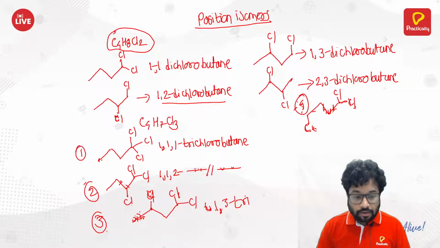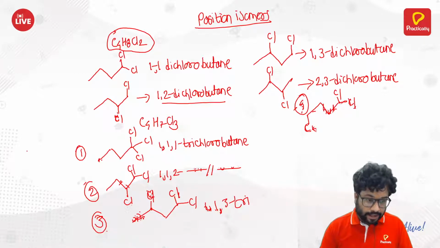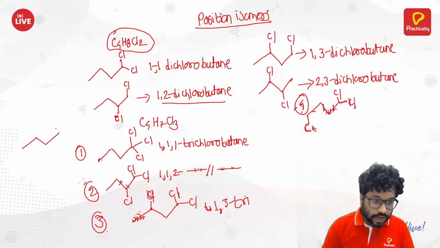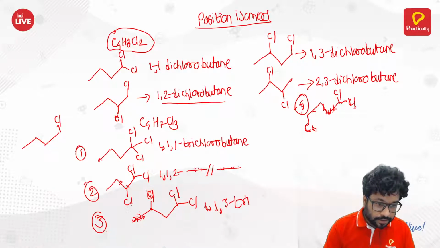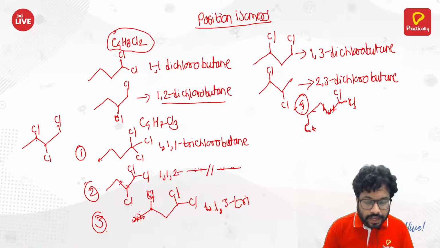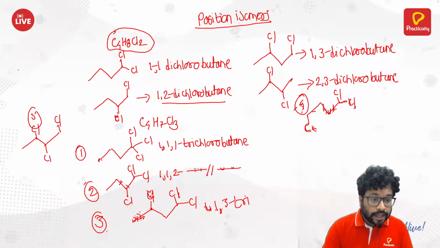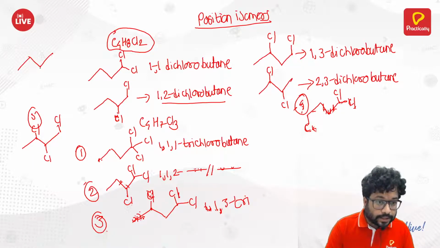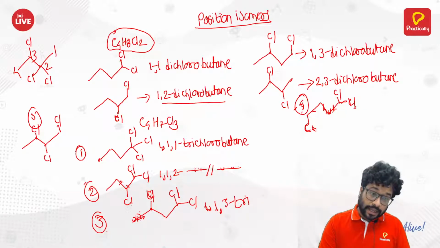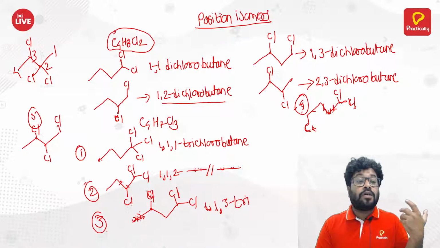After that, what can we do? We can arrange all the chlorine atoms like this. 1, 2, 3 trichlorobutane. This is the fifth isomer, right? Then you can also arrange like this. Now, how do we name it? 1, 2, 3, 4. 2, 2, 3 trichlorobutane.